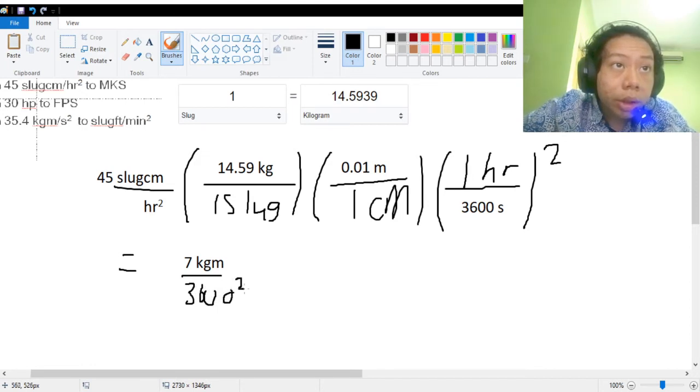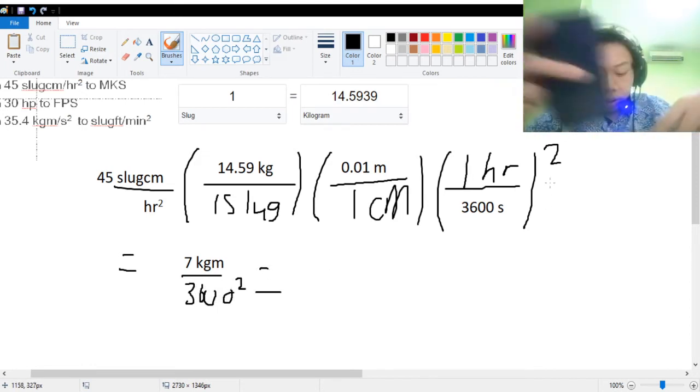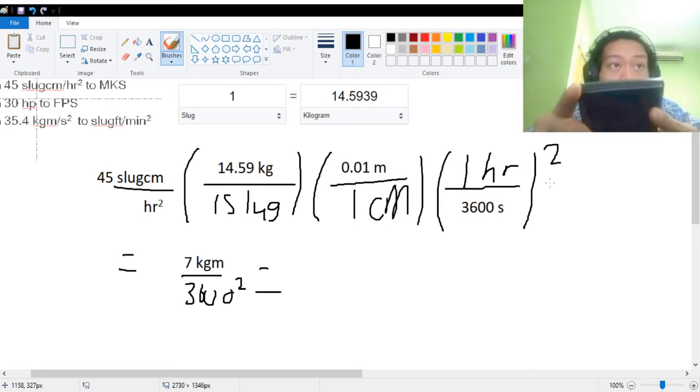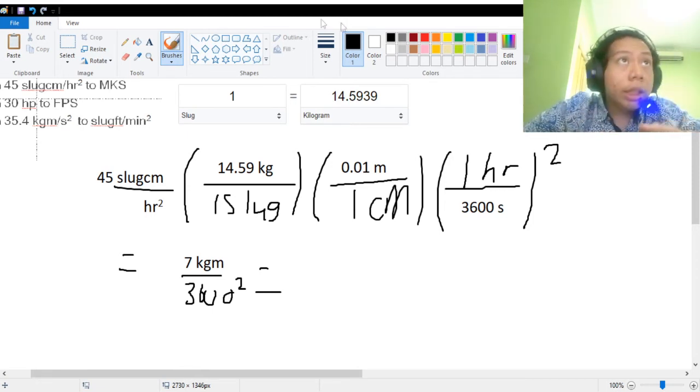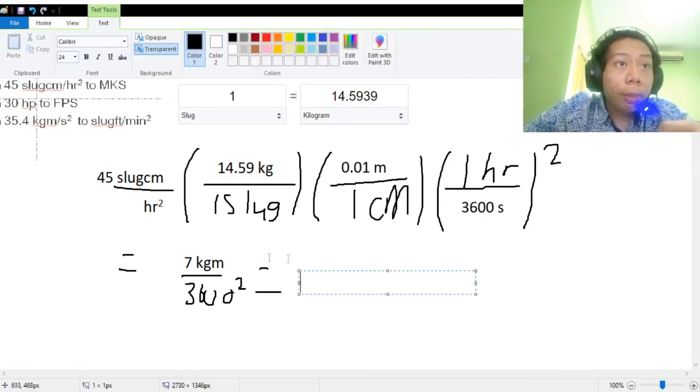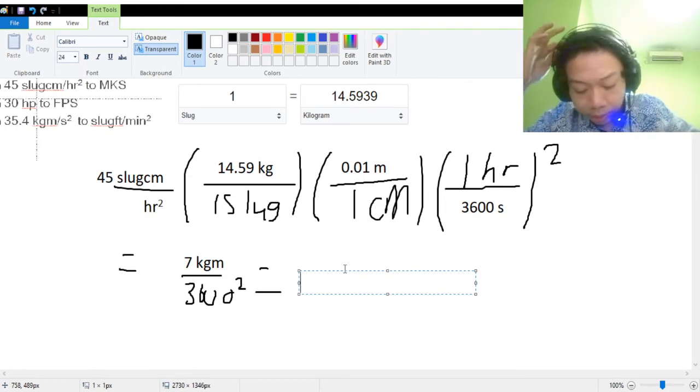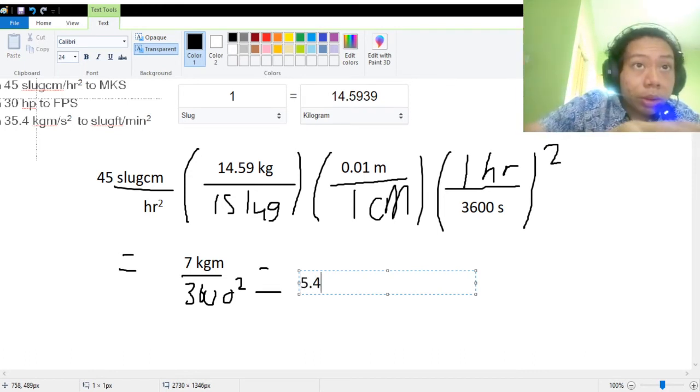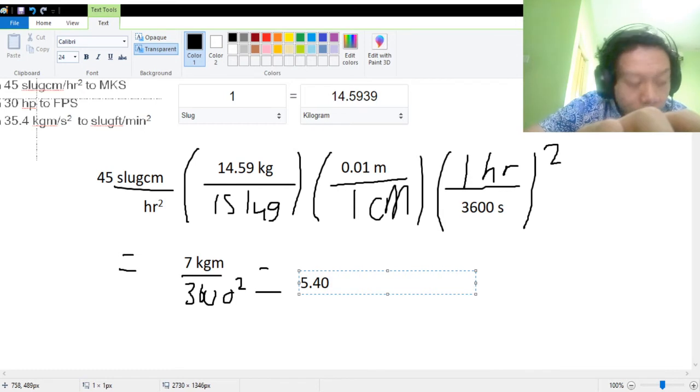Then we divide it by 3,600 squared, and it is 7 divided by 3,600 squared, and we convert it into 3 significant figures.